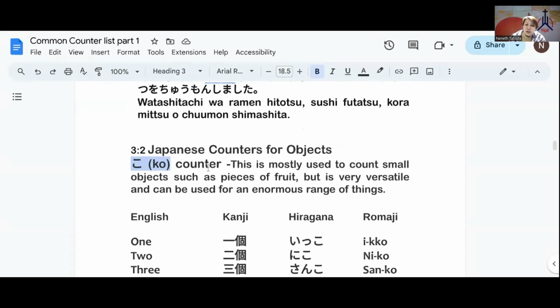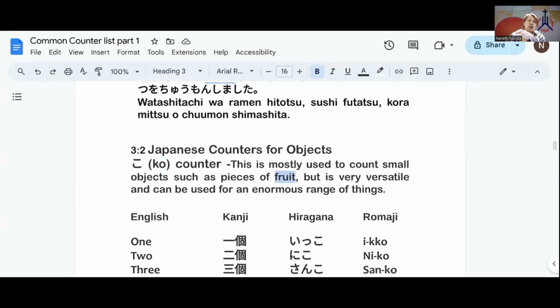This is usually for counting small objects such as pieces of fruit or, for example, eggs. Something small. The apple, the egg, the oranges. What else?